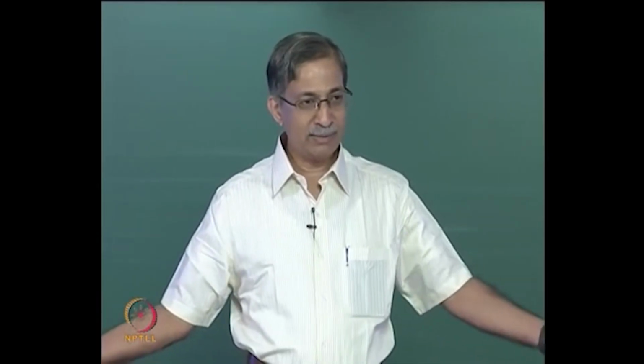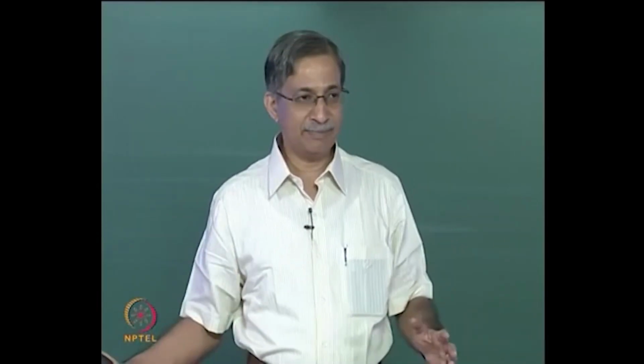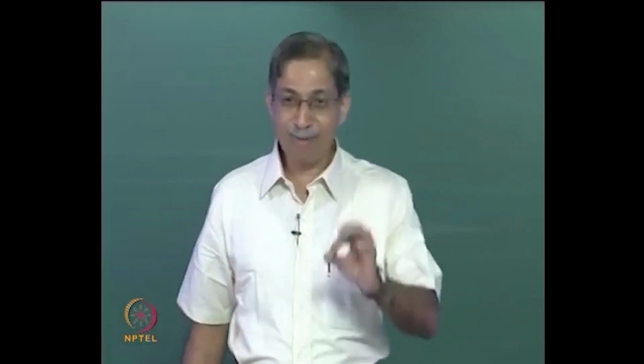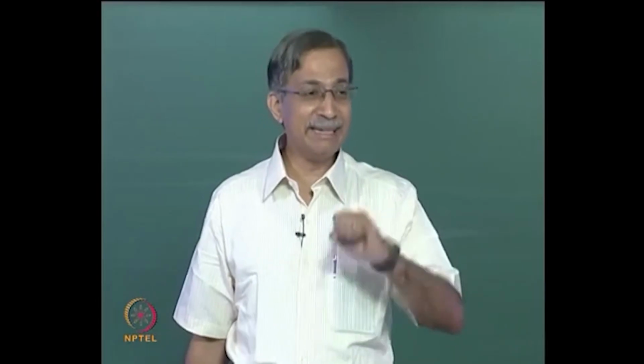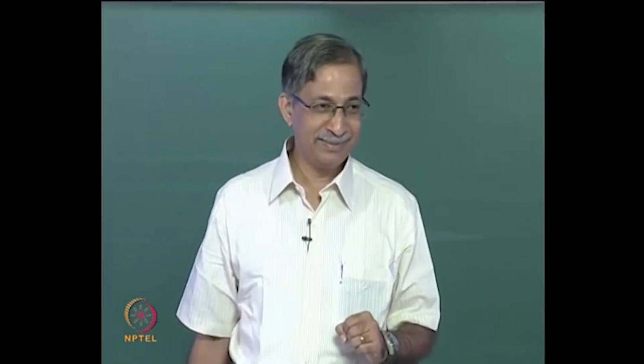Is it free or is it restrained? But you can have more complications which we will introduce later, not in the beginning. Suppose I have an internal hinge, then it is a little difficult, we will study that later. We should begin simple, then we will get into complications. It is a point how you can bring in releases, but as beginners let us not introduce those complications. Let us take simple, straightforward problems. Do you understand this? Is it clear?